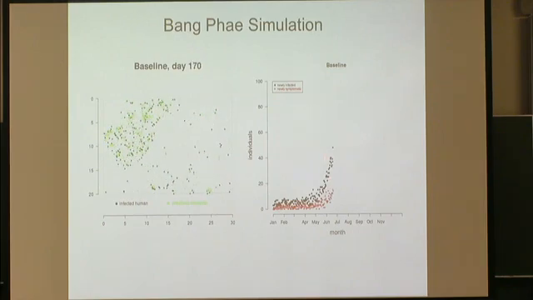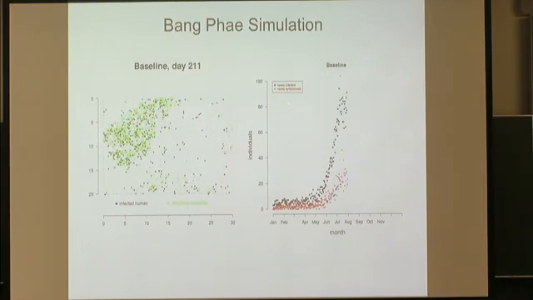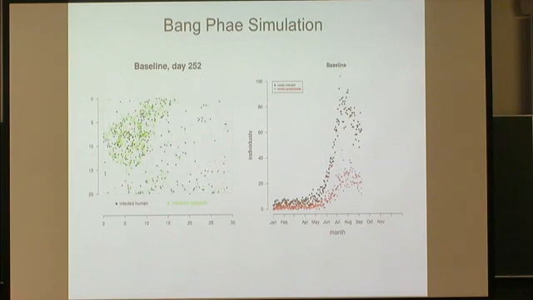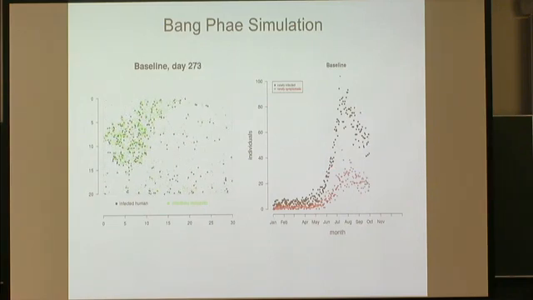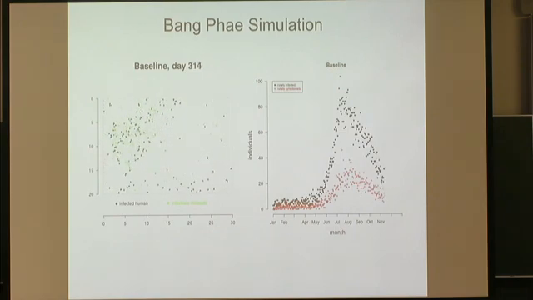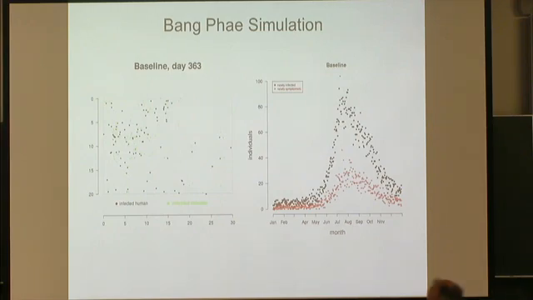Black are newly infected people, and red are symptomatic. So it's infection incidence and illness incidence. And you can see it takes quite a long time. The serial interval for this disease is about 20 days. So it takes quite long for these outbreaks to build.